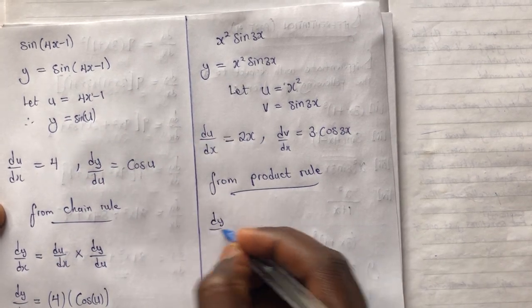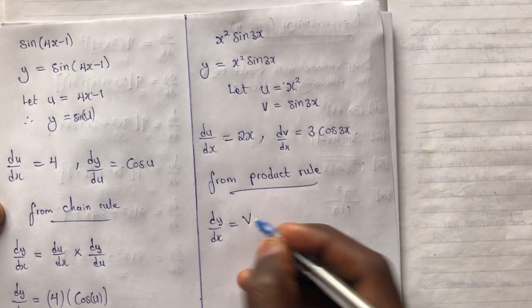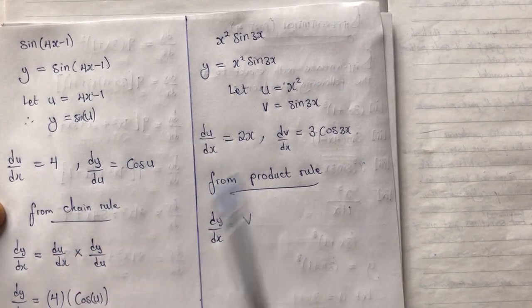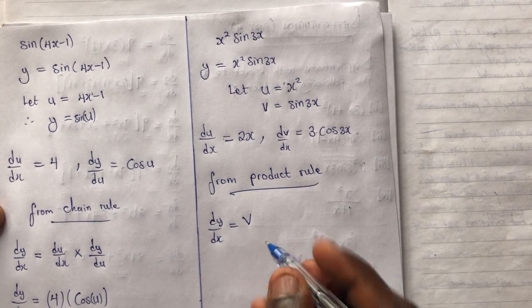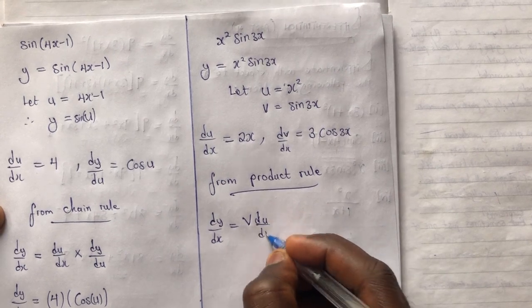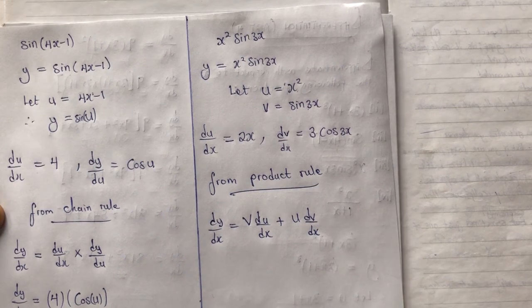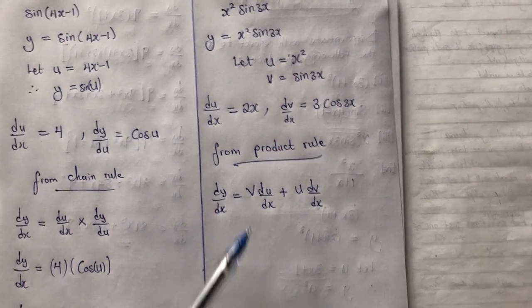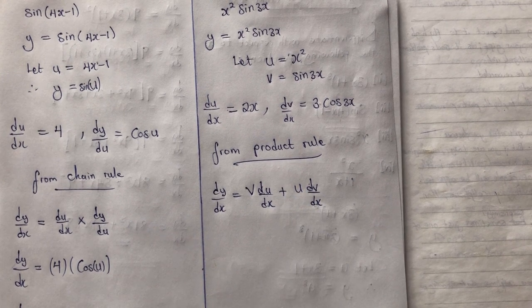So dy dx will be equal to v, the second function. You can also use the first function since multiplication is commutative. So v du dx plus u dv dx. So that is the formula. You write v, you take the derivative of u, you write u, you take the derivative of v.